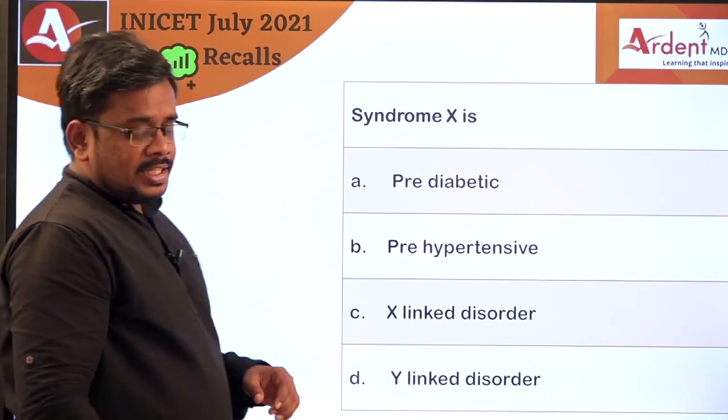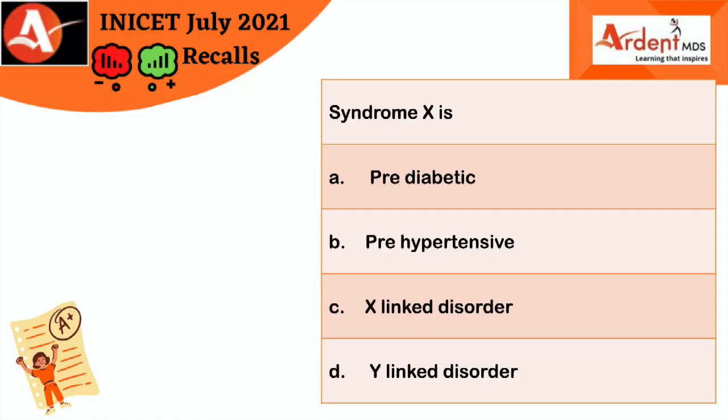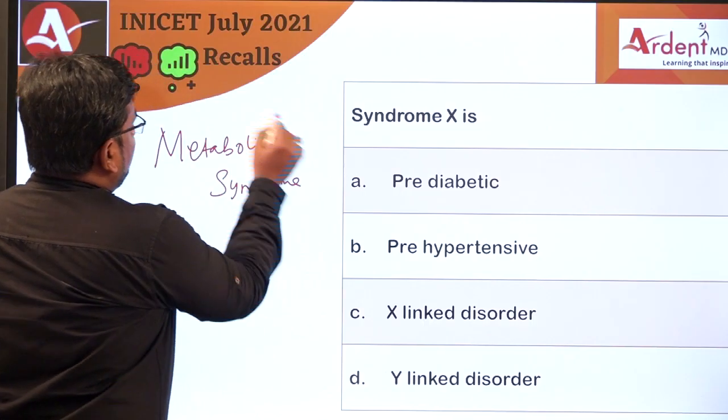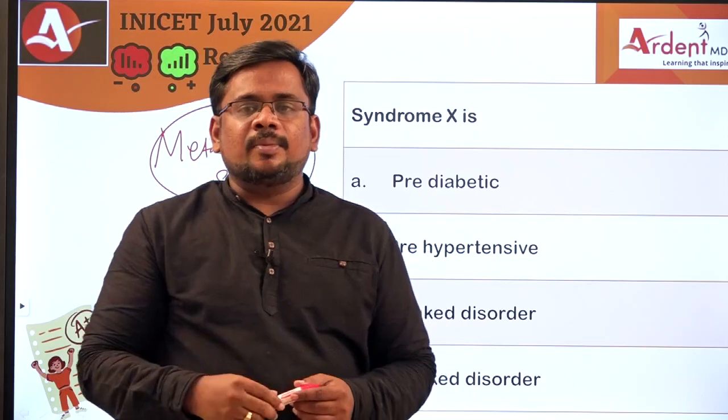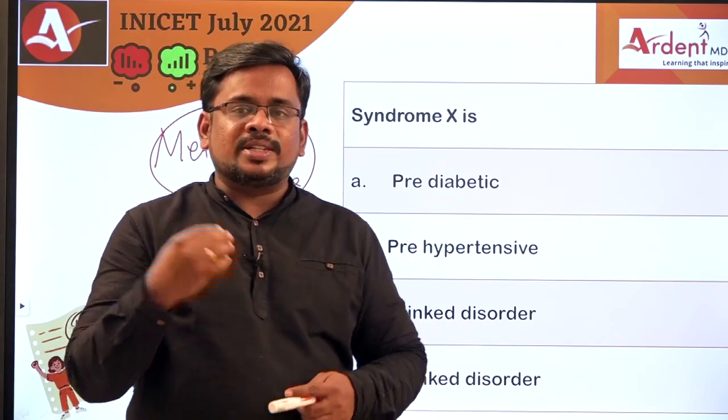The next, what is called syndrome X? Syndrome X is a pre-diabetic stage, otherwise called metabolic syndrome. The patient with syndrome X has central obesity and more insulin resistance.